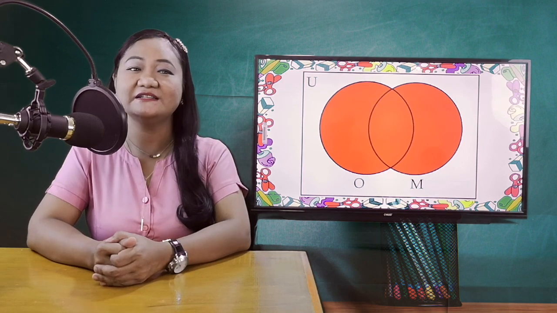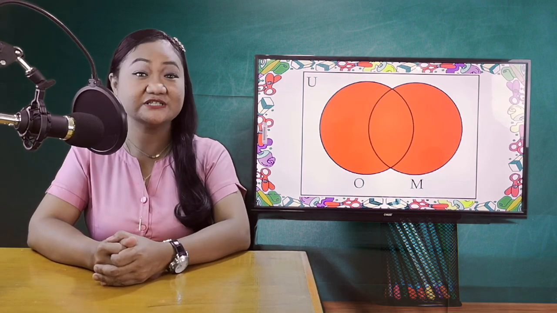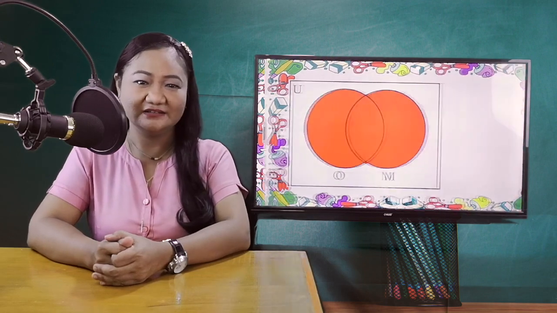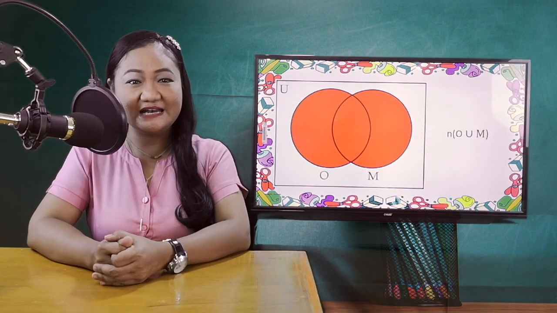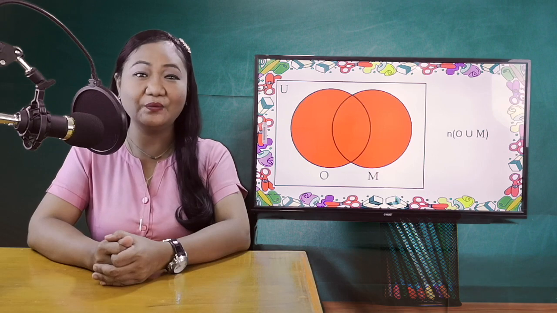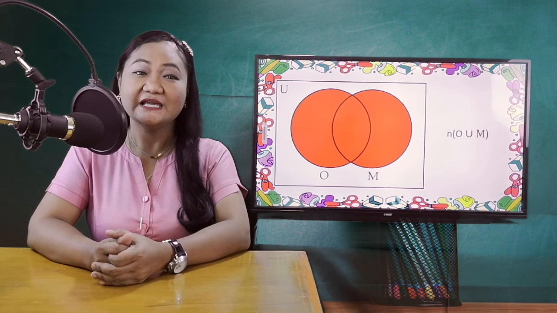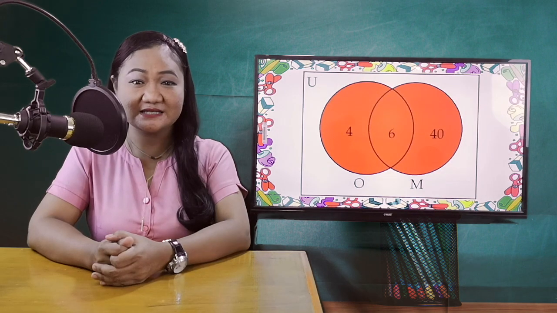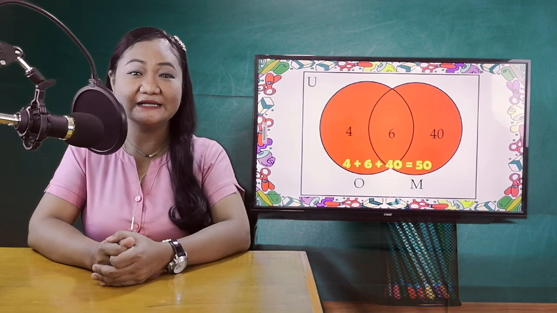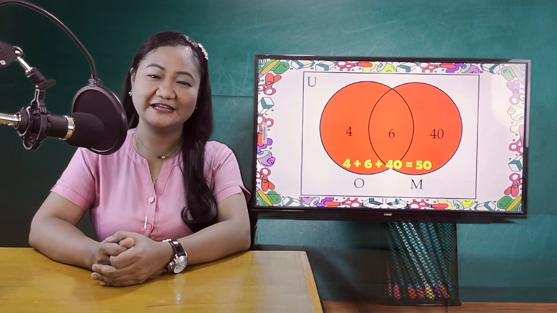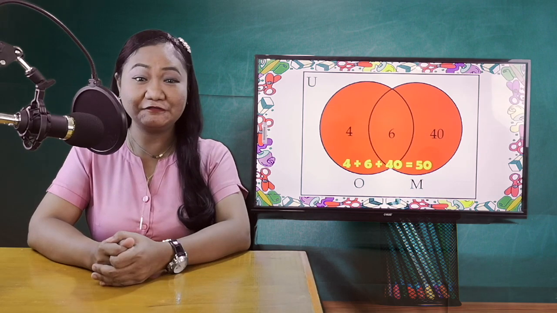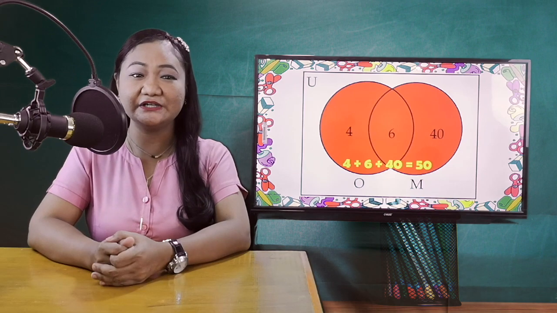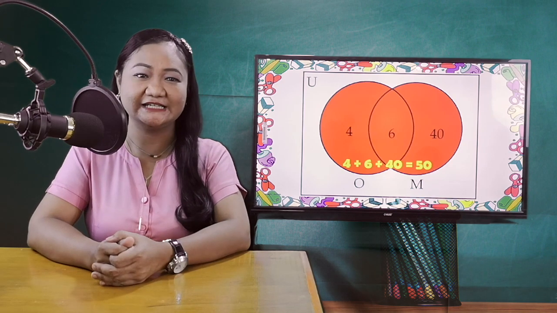What is important is that you have analyzed the questions correctly. In set notation, it is the cardinality of the union of set O and set M. In other words, that is 4 plus 6 plus 40 equals 50. Therefore, 50 is the cardinality of the students who chose online learning or modular learning.